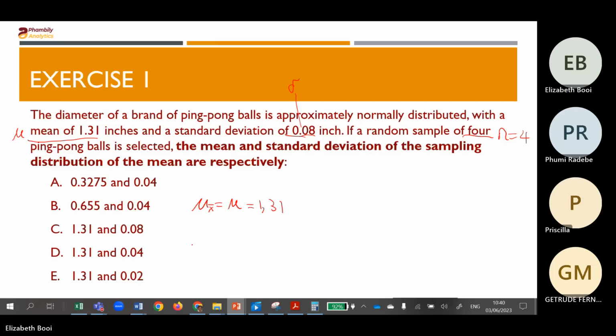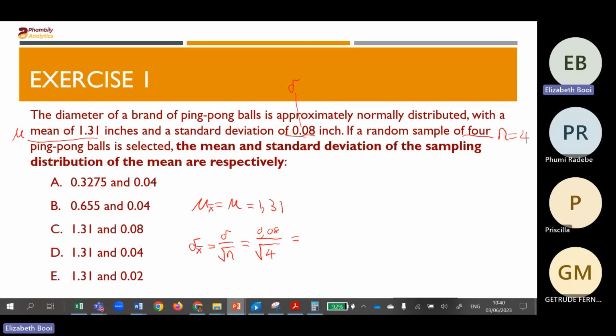And the standard deviation of a sampling distribution of the mean is given by the population standard deviation divided by the square root of n. So what is our population standard deviation? You said it, 0.08 divided by the square root of 4.